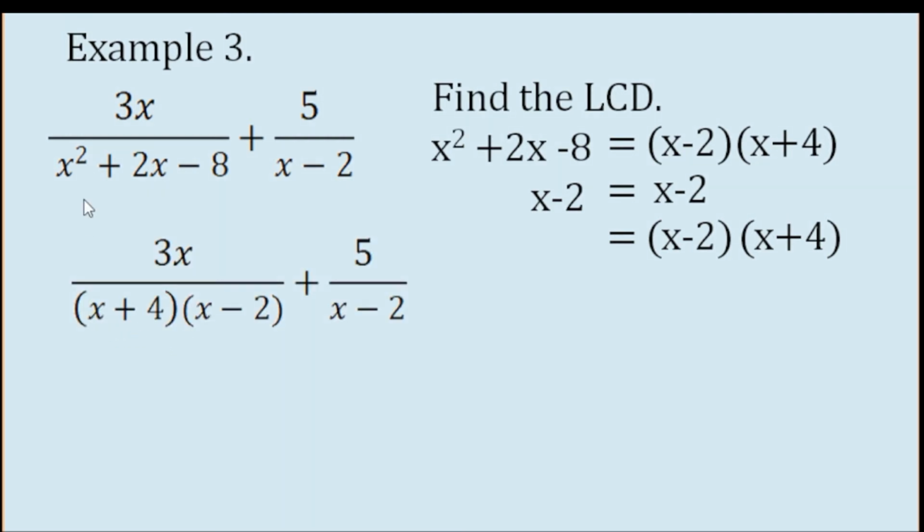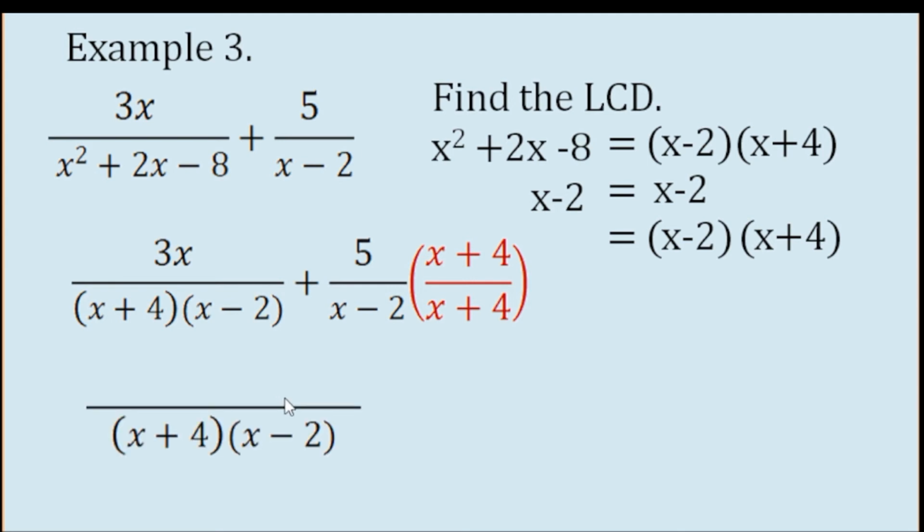The factors of this actually are x plus 4, x minus 2. Meaning to say, we have all here. It's complete already. But on the second one, we have x minus 2 and we are supposed to have x plus 4. So this means we will multiply the second rational expression by x plus 4 over x plus 4. Now, we write down the common denominator and then perform the operation on the numerator.